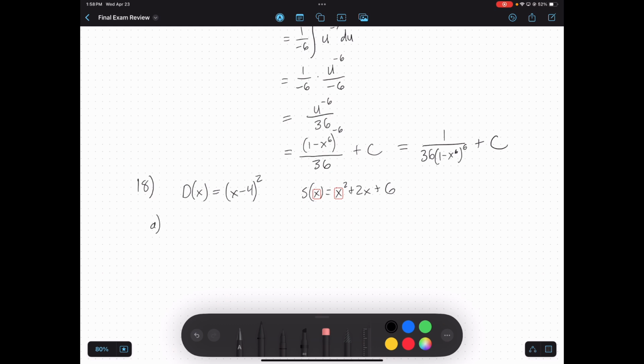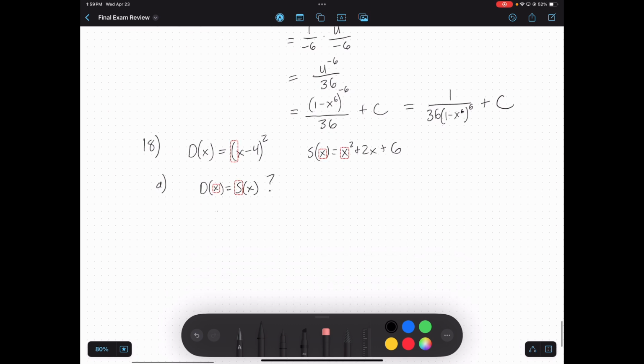How do I find the equilibrium point? Set them equal to each other, right? Very nice. So I'm going to do d of x equals s of x. So (x minus 4) squared equals x squared plus 2x plus 6.